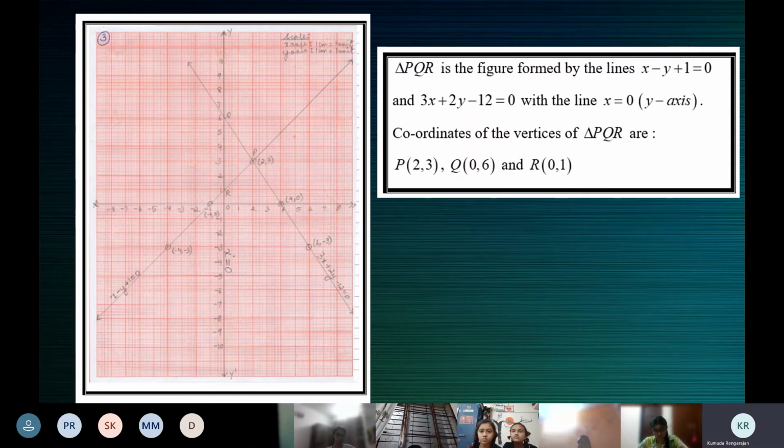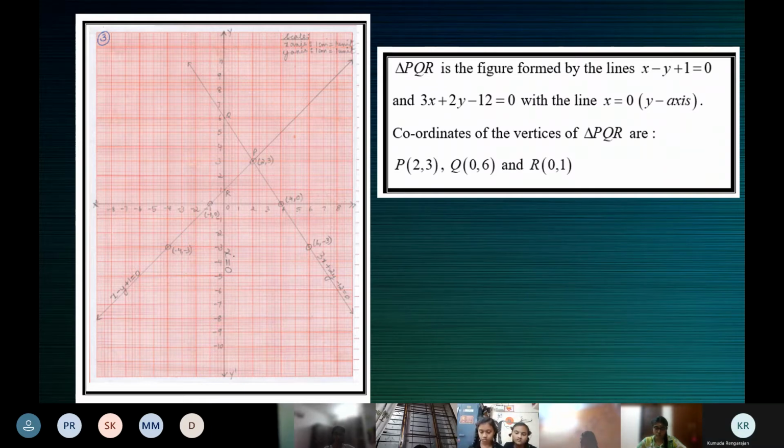So first I got it from Ananya. 1, -1, 6, 4. Very good, Ananya. Your graph is right, and you also shaded the triangle correctly.